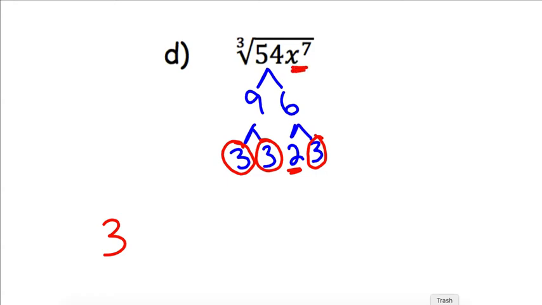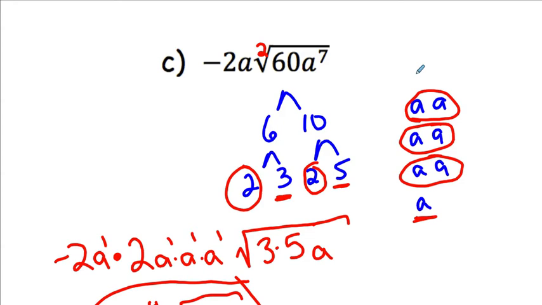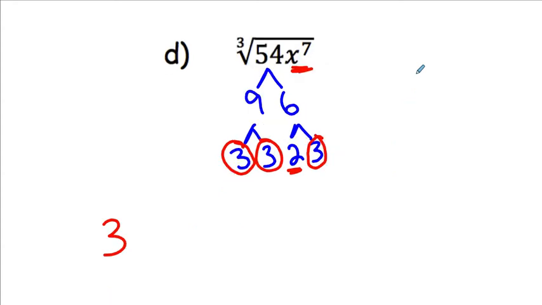Okay? All right, now, x's. I have x to the 7th. So what does that mean? It means I'm going to write out 7 x's, but instead of writing them 2 at a time, like I did over here with the a's because it was a square root, I'm going to write them 3 at a time because this is a third root. So 1, 2, 3, 4, 5, 6, 7.